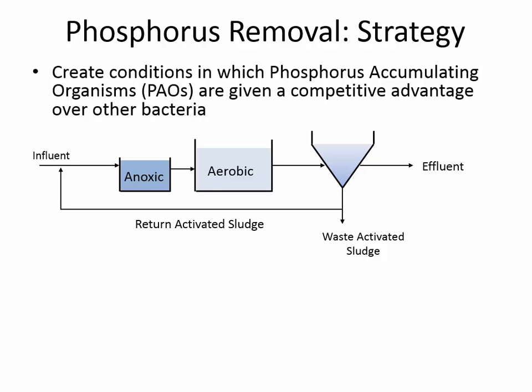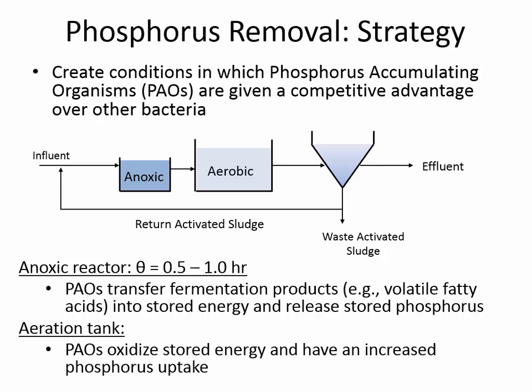But by returning the sludge there, the microorganisms that accumulate phosphorus will eat the substrate in the anoxic basin, but the normal aerobic bacteria require oxygen, and so they can't eat the substrate there. And so that's our selector, as it's called.